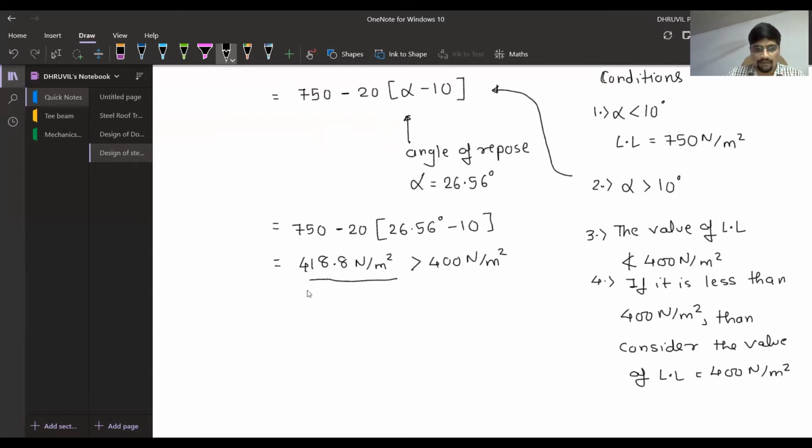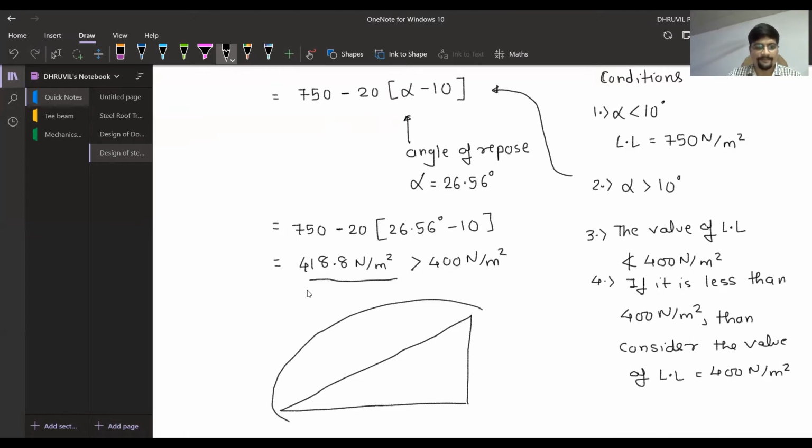Now, our roof truss is like this. The live load is occurring on the whole roof truss, but we need to find it on the roof truss maximum. We know that in any element, the maximum pressure occurs at the CG distance.